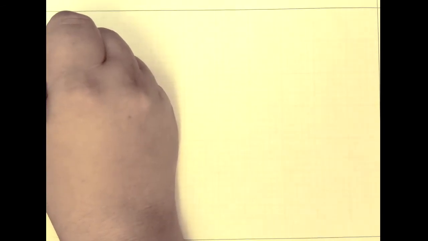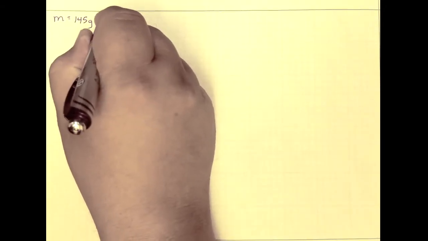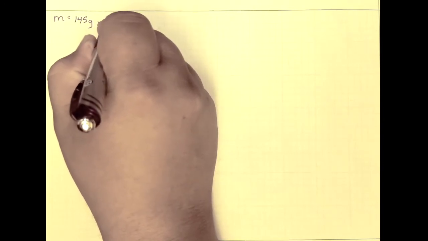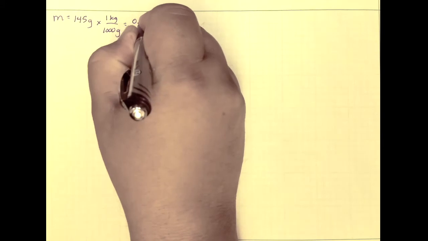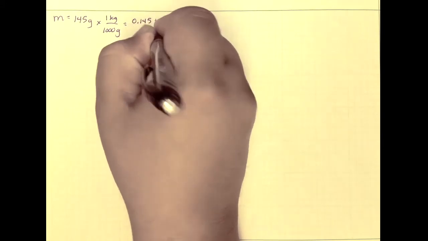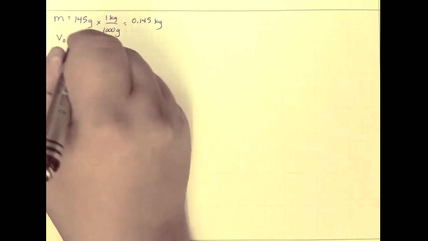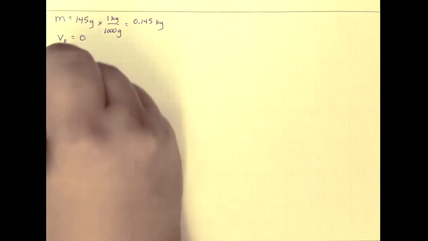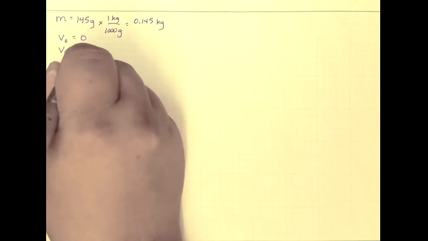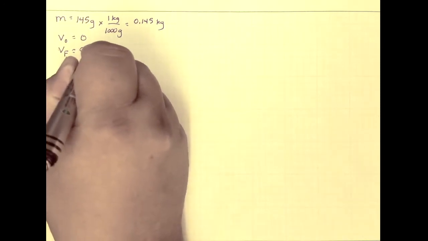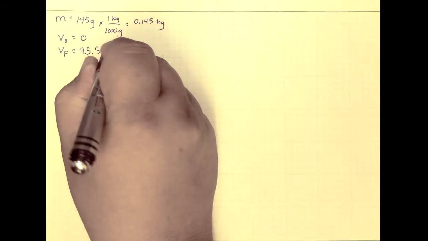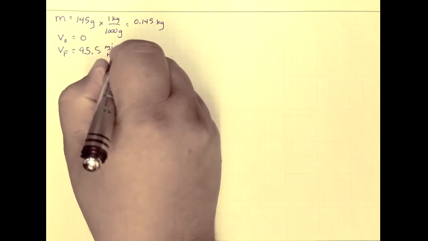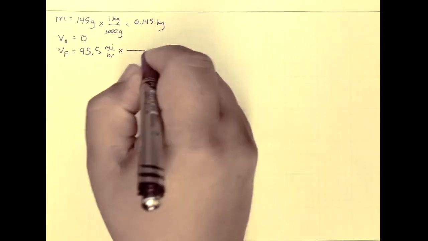The mass of the baseball is 145 grams. Now that's not the proper units, but we can use the conversion factor that 1 kilogram equals 1,000 grams to turn this into 0.145 kilograms. Next, we're told that the initial velocity of the baseball is 0 because it starts from rest, that the final velocity is 95.5 miles per hour. That is also in the wrong units. We need it to be in meters per second.